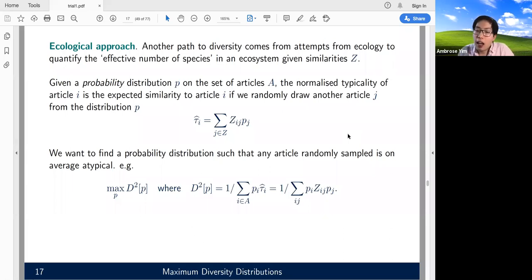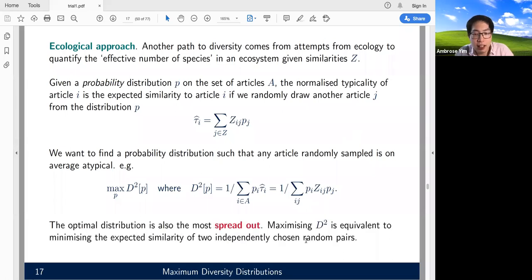If we look at the expression on the far right-hand side, we realize this diversity index is computing the most spread out distribution. It is effectively computing: if I randomly draw two articles from this set, what is the similarity between those two articles?